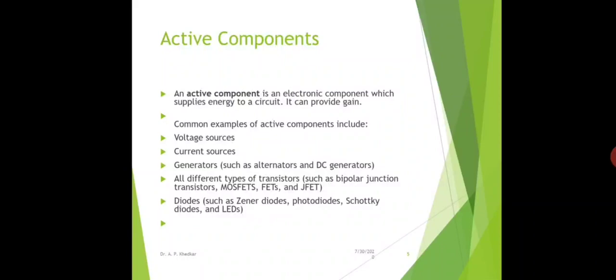That's why under the active components, what is listed is transistors. So bipolar junction transistor, and different types of transistors such as MOSFET, metal oxide field effect transistor, another types of field effect transistors are active devices.